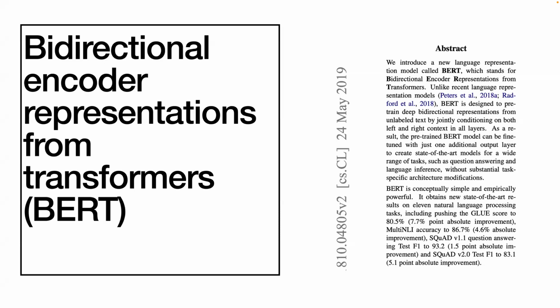Basically, if you have some words W1, W2 to WT, then this is called the context. And what is this context used for? For predicting the word WT plus 1.